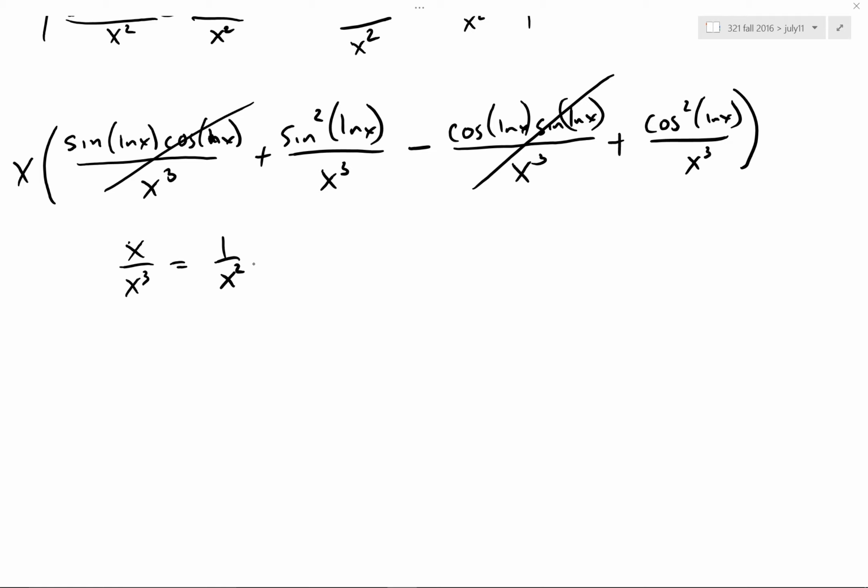And when you do this, again, this piece here is going to be 0, so it's going to be just 1 times this. So in essence, it's going to be sine times this. So it's going to be the sine squared ln of x over x squared minus the sine ln x cosine ln x over x squared. Cool.